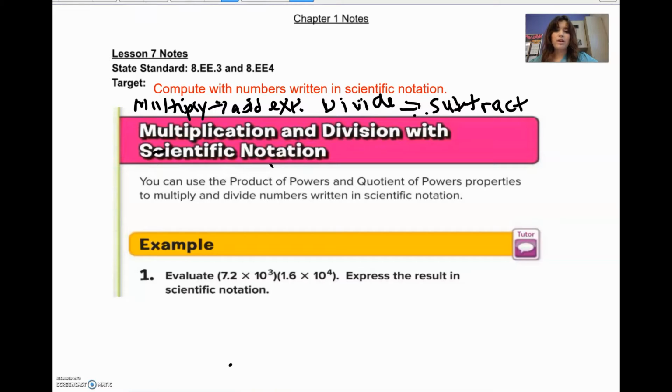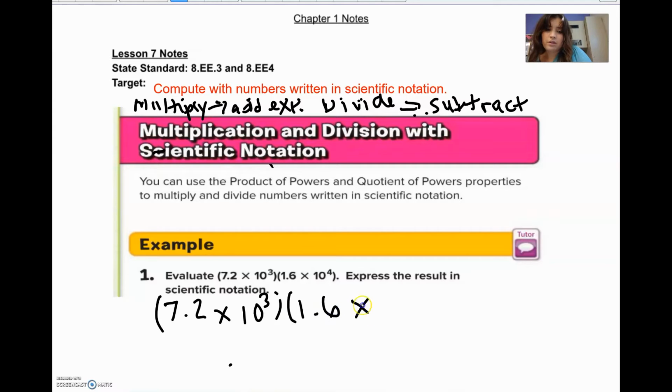For example 1, we are evaluating 7.2 times 10 to the third times 1.6 times 10 to the fourth. So our first step here is we are going to group our similar factors. Because of the commutative property and associative property of multiplication, it does not matter what order you multiply these four factors by.